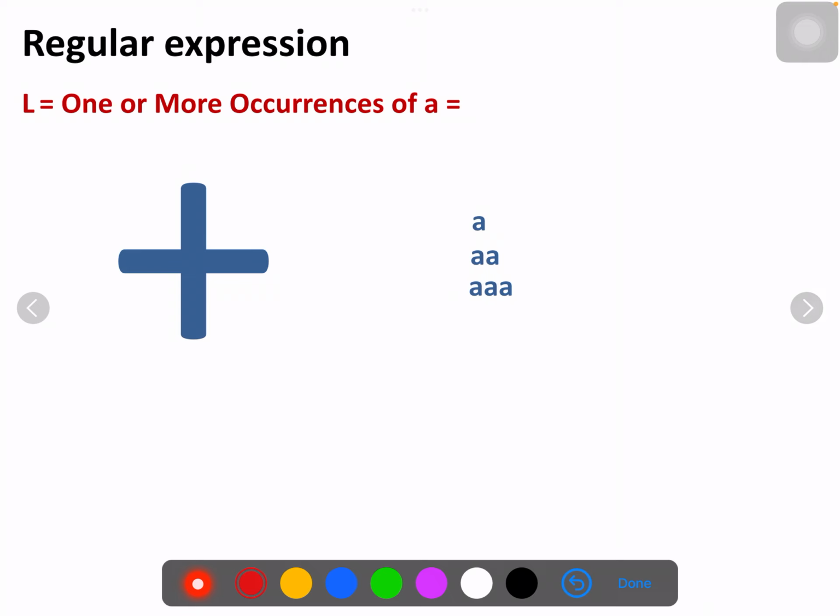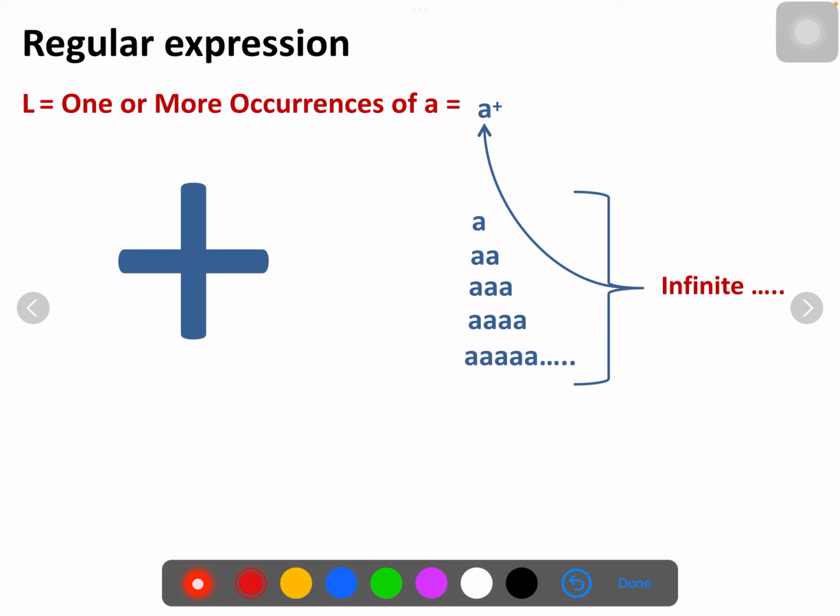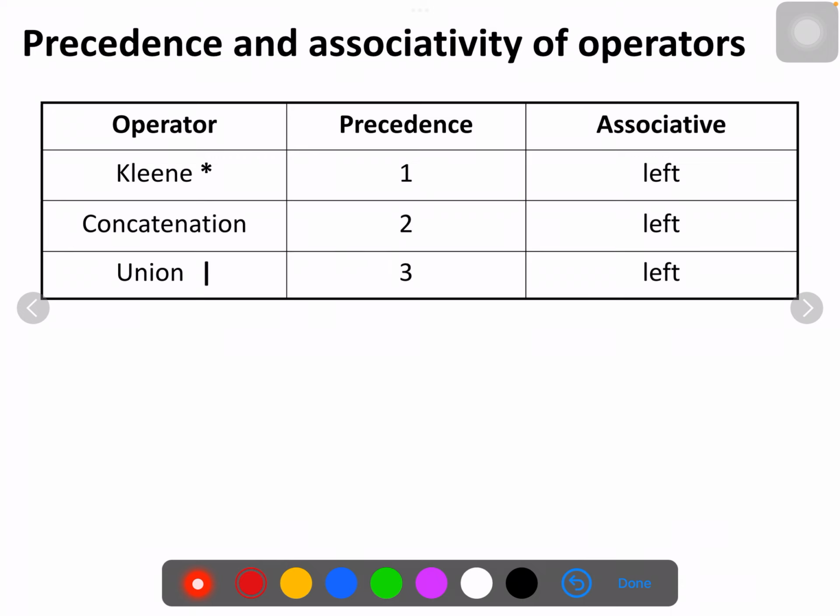What kind of language is generated? There is no zero occurrence; at least one a should be there. So a, aa, aaa, and so on. It is also infinite. You represent this as a plus. From here onwards, whenever a regular expression is given as a plus, it generates this kind of strings.